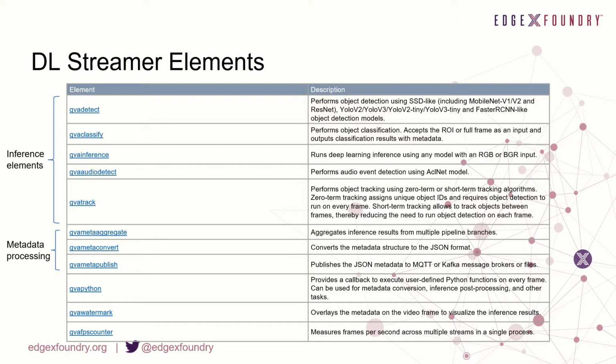And the last command, GVA Python, you use to provide a callback to execute user-defined Python functions on every frame. This is to do pre-processing or post-processing operations. We already saw GVA watermark to draw bounding boxes on the frames and GVA FPS counter if you want to know the frames per second.